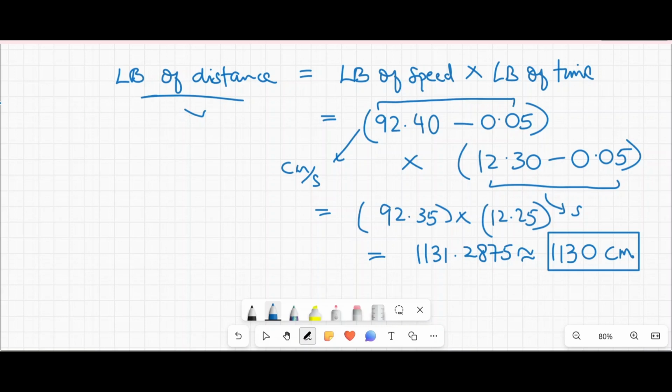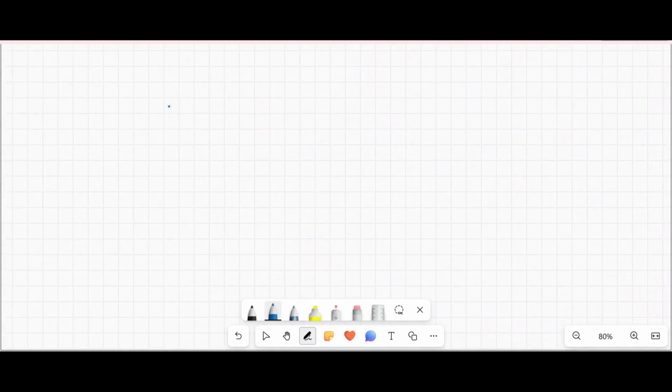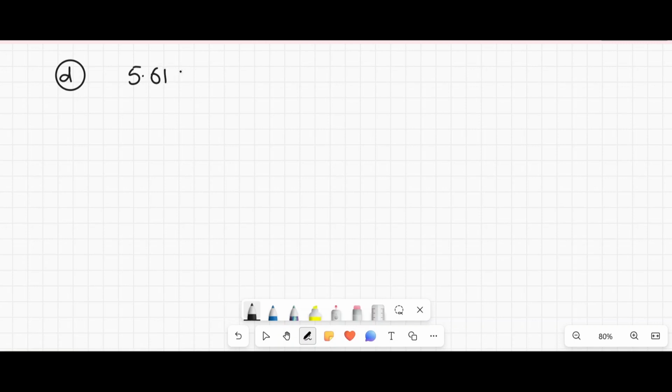Now we have a part D for this. Let's do the part D for this. Here the part D says 4.61 meter per second, the speed for 2.08 seconds.